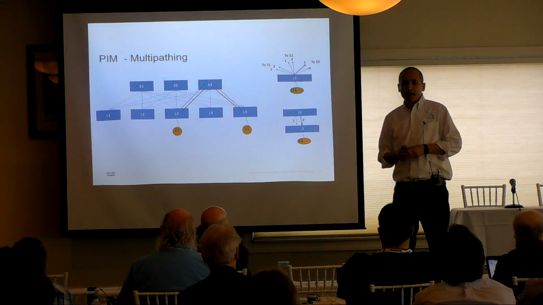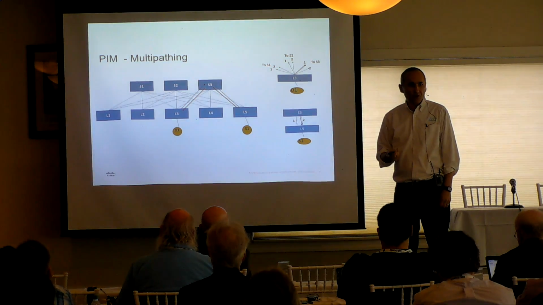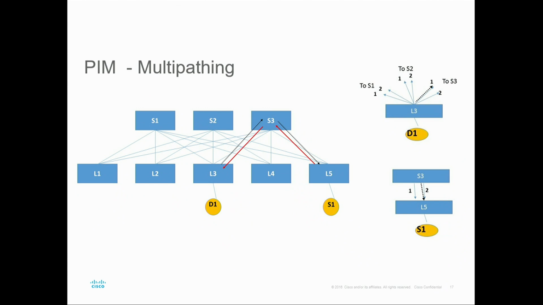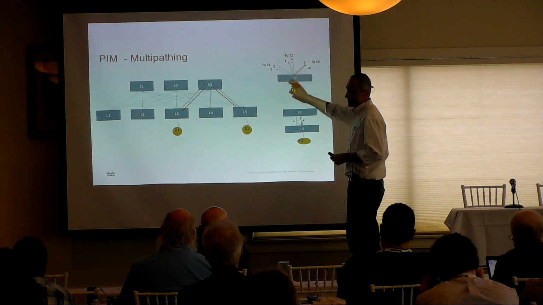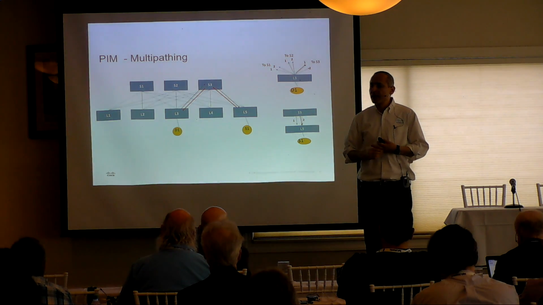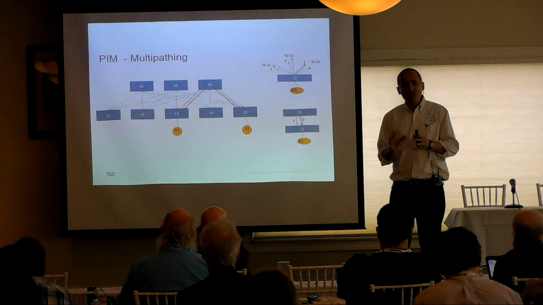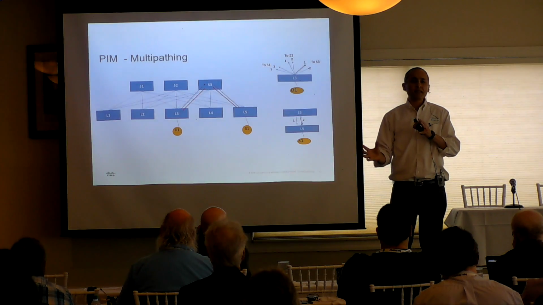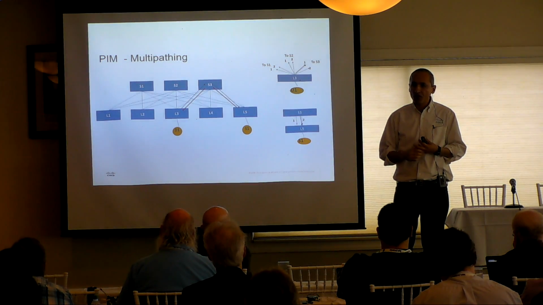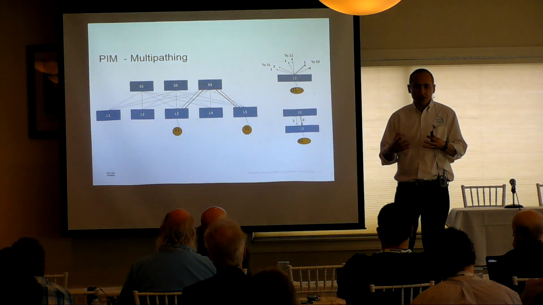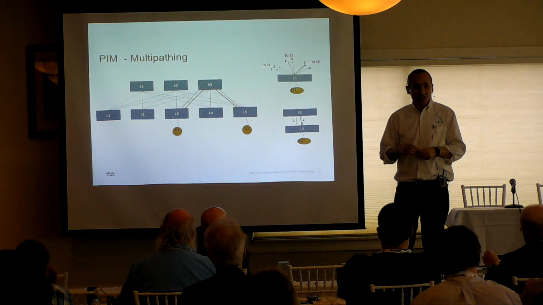PIM is not bandwidth aware by its nature. So what will happen is that you could easily oversubscribe one of these links. And if you oversubscribe the link, this translates immediately into pixelation or audio jitter. That's a challenge we are trying to avoid.